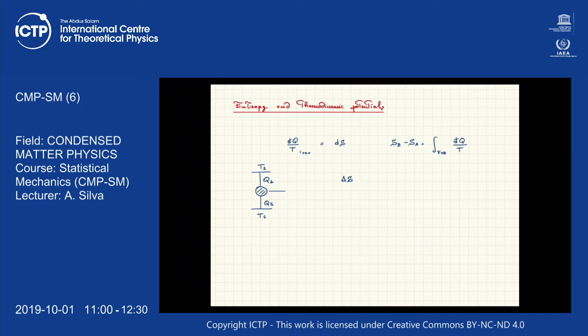So I want to consider the change in entropy of the entire universe, which is very simple in this particular case. So delta S total is equal to delta S of the engine plus delta S of the reservoir T2 plus delta S of the reservoir T1. Okay?